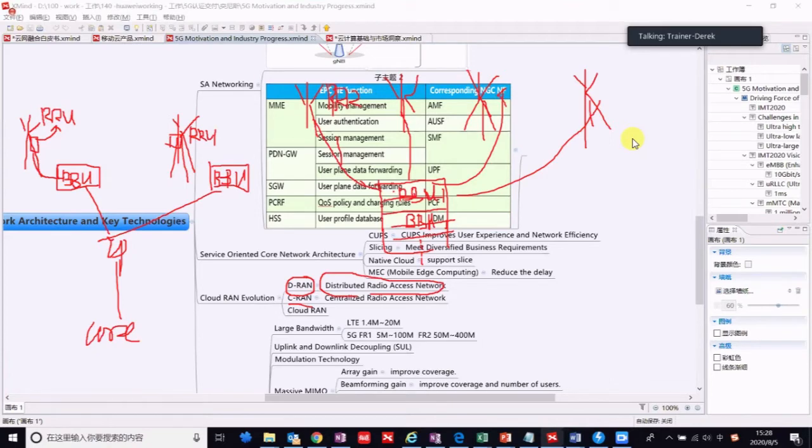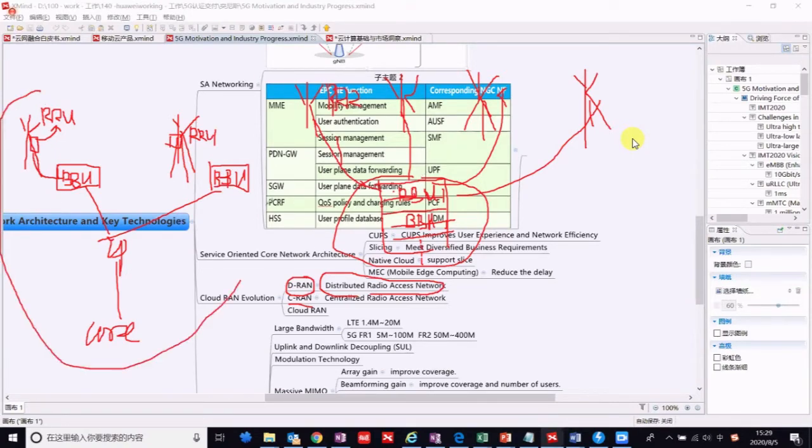For CRAN, one advantage is that the operator doesn't need to rent too much equipment room. In our city, machine rooms are very limited. This mode would need more machine room to install BBUs, and the rent cost is very expensive.